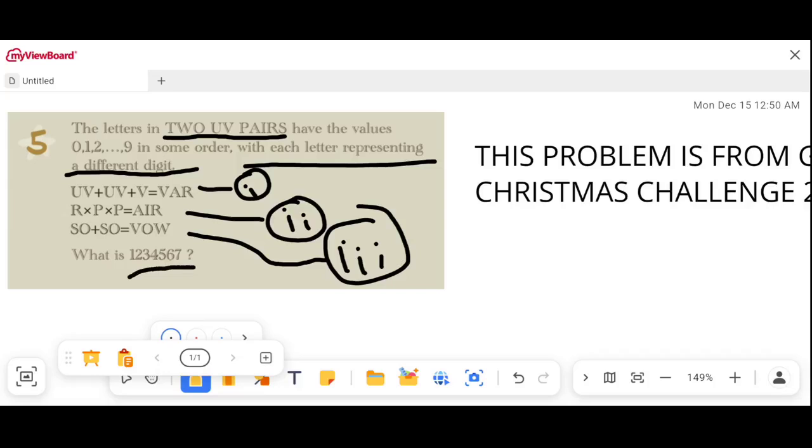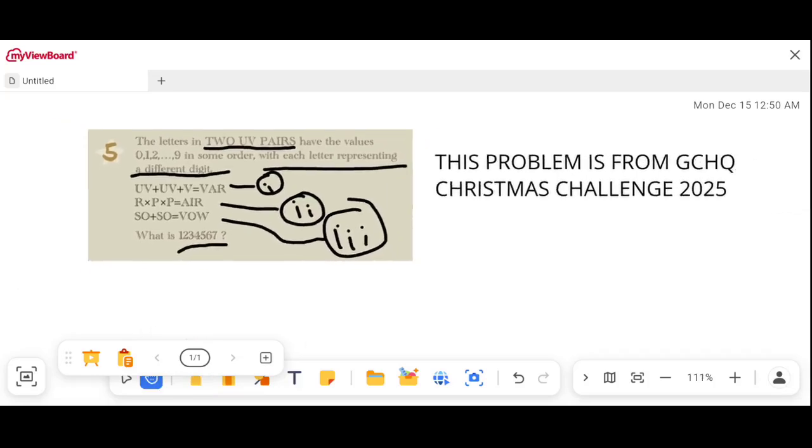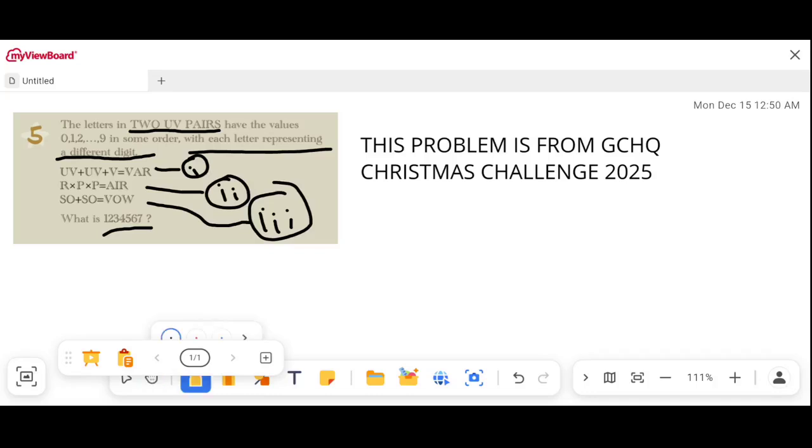Okay, so I will do some work on this page, then we will move on to the next slides. So we have UV. Now notice V is in the ones place and U is in the tens place. So we can write this as 10 times U, or 10U.